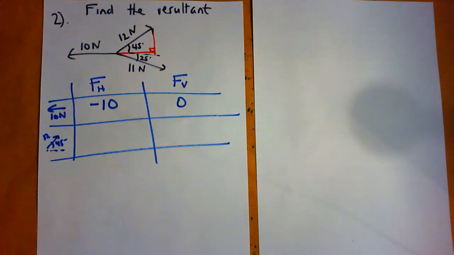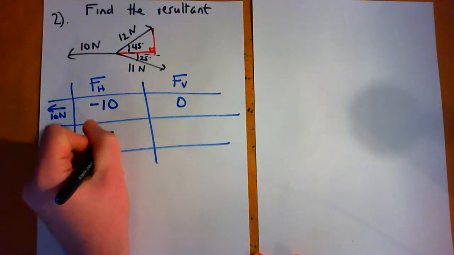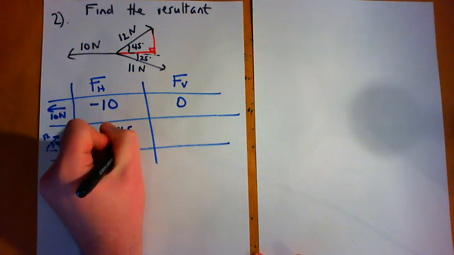Since our angle is with respect to the horizontal, that makes the horizontal component the adjacent side. And we know the hypotenuse is 12. Adjacent and hypotenuse, that means we're dealing with cosine of 45 degrees.